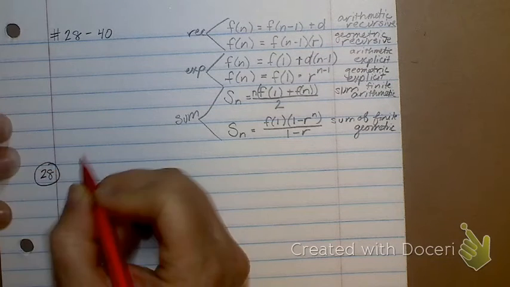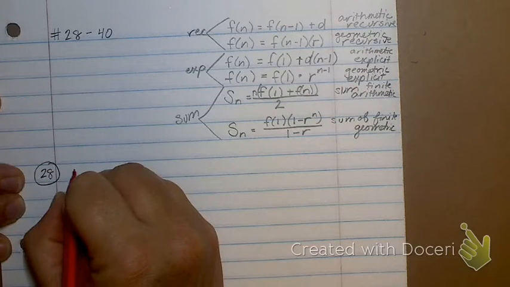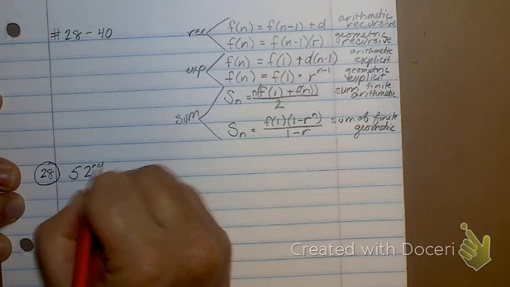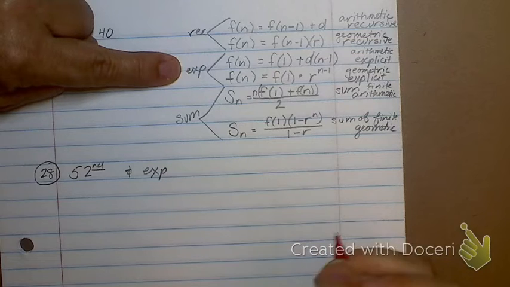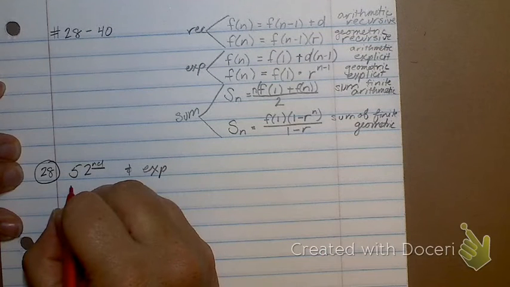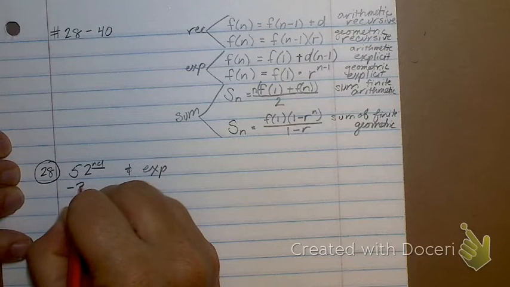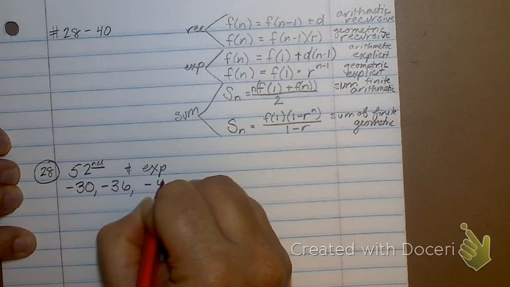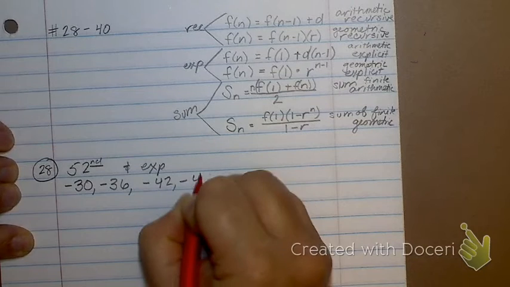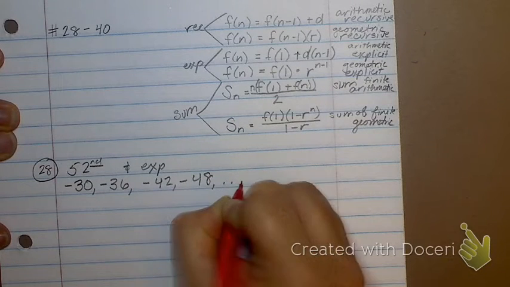Number 28 says find the 52nd term and explicit formula. So I know the explicit formula is going to be one of these two guys. The problem they give me is negative 30, negative 36, negative 42, negative 48, dot dot dot.